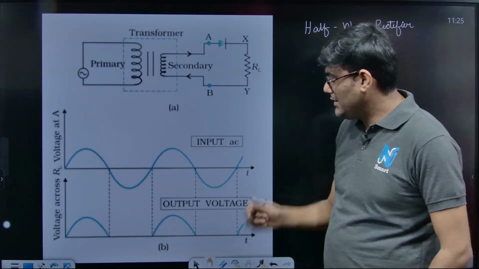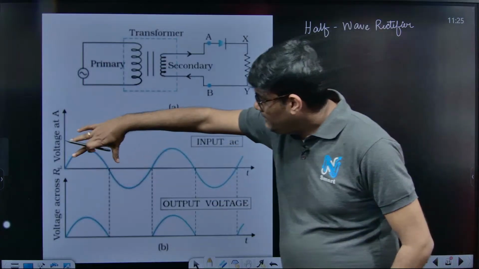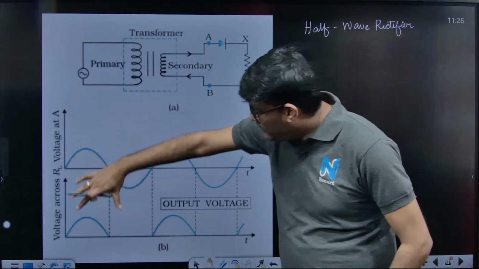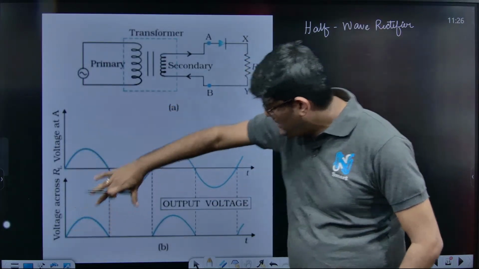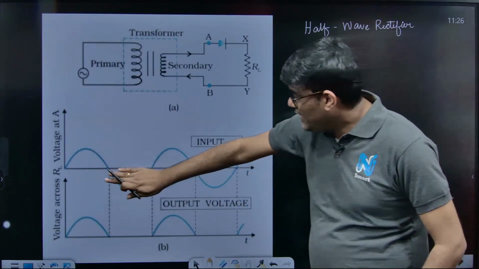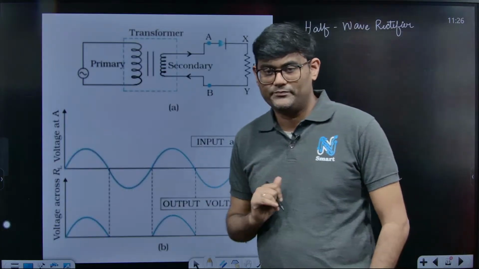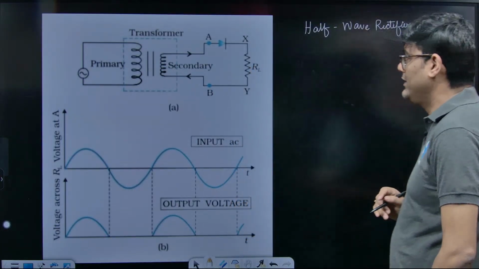Out of this alternating current input, this rectifier circuit only rectifies the positive half of the AC current, the negative half of the AC current is clipped off, right? It is eliminated. So that is why it is called half wave rectifier.